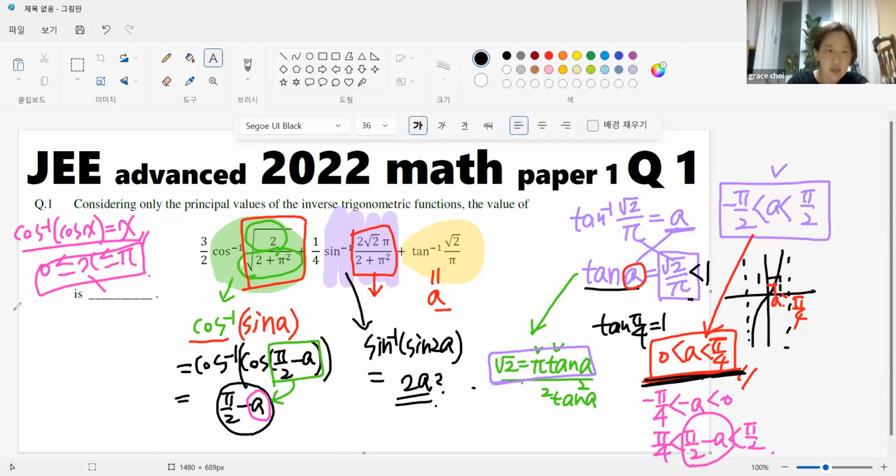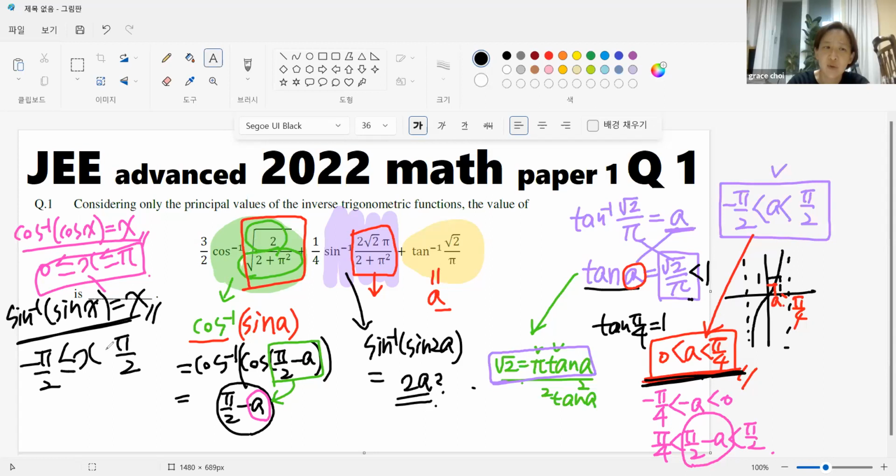And sine inverse of sine x can be x, but there is also a specific condition about x: x should be between minus pi over 2 and pi over 2, inclusive.